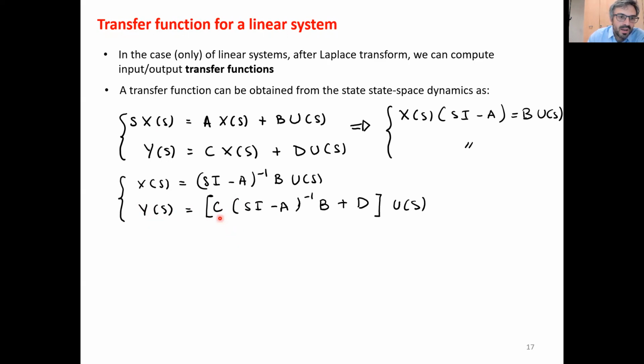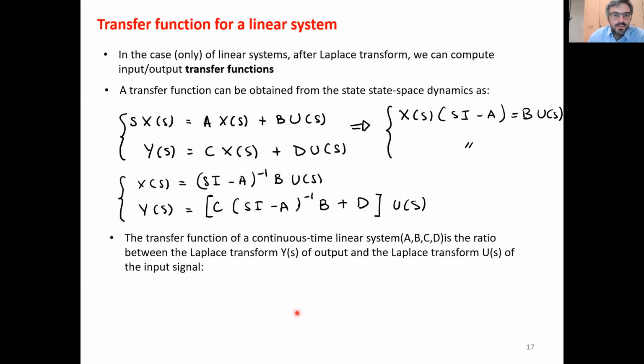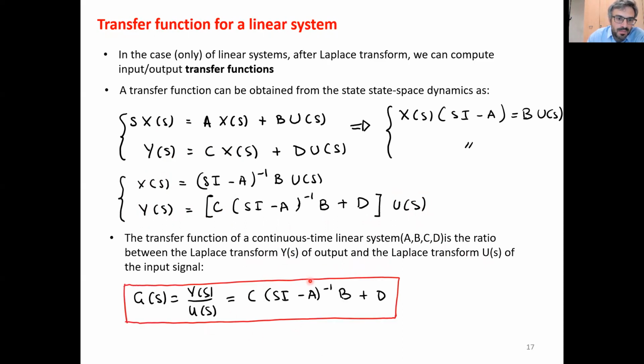So we replace this X into here, and we obtain this expression for the output. Since the transfer function is the ratio between the Laplace transforms of the output and of the input signal, this is how we compute the transfer function starting from the state space equation.